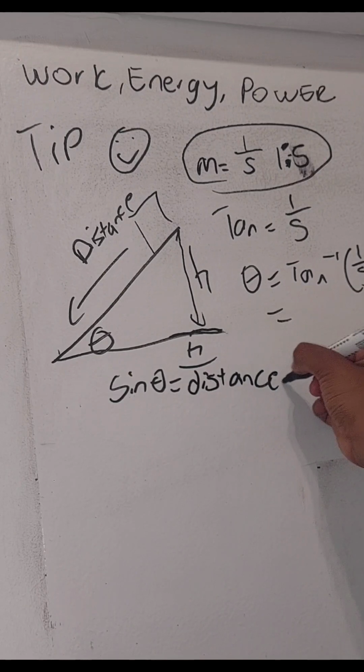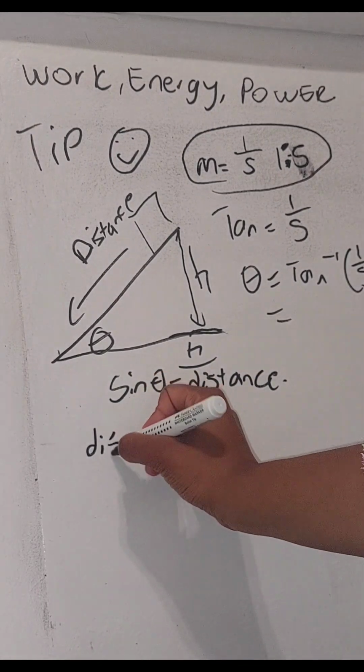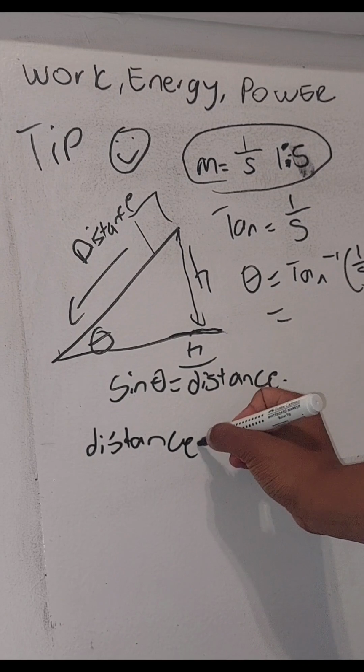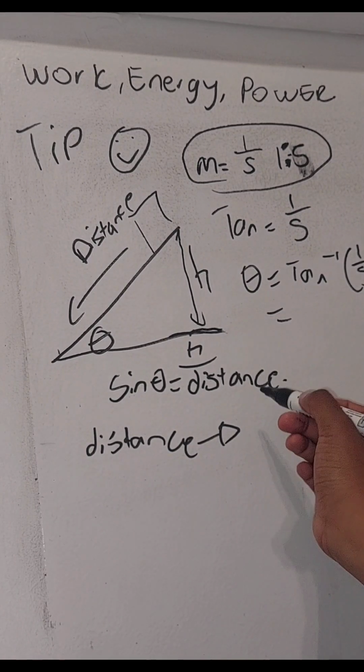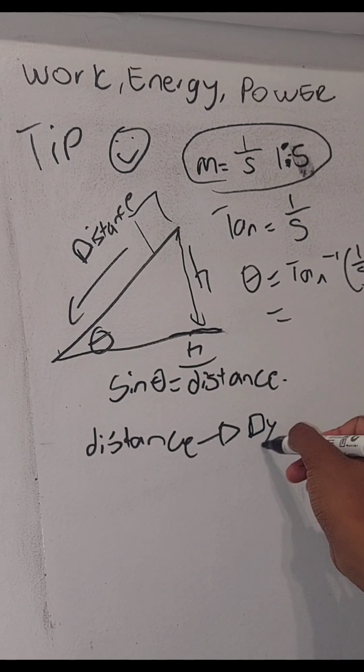distance. If you are not given distance, you go back and see what you are given. And most of the time, I'm not saying always, I'm saying most of the time, know that this distance comes from your dynamics.